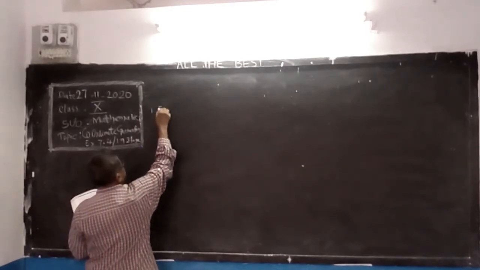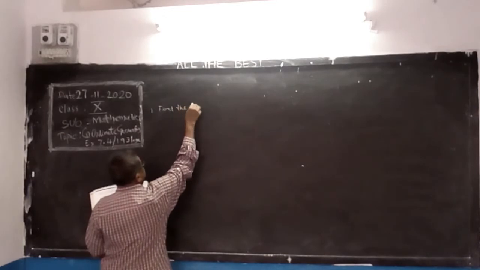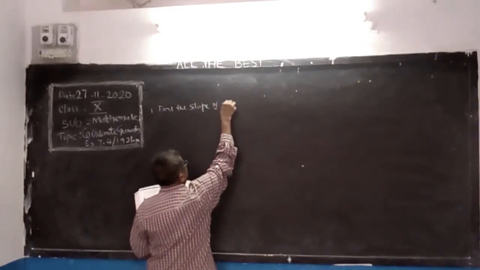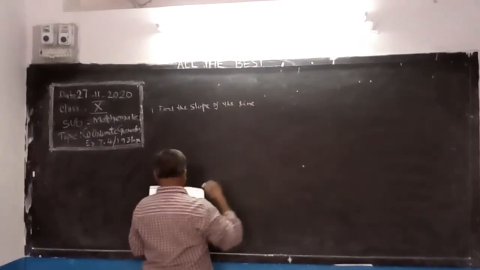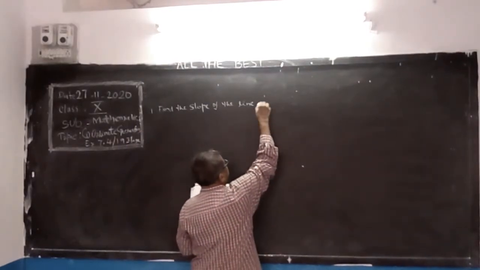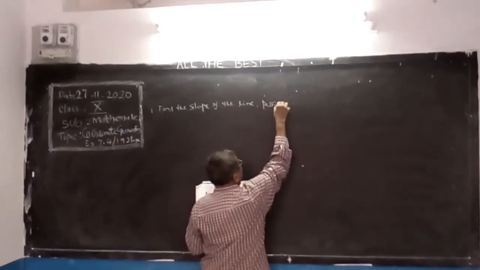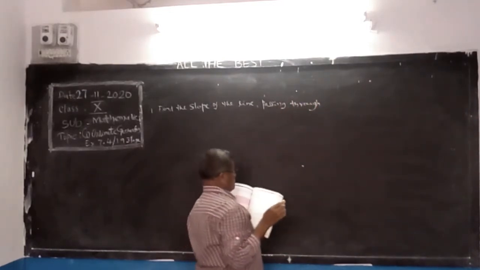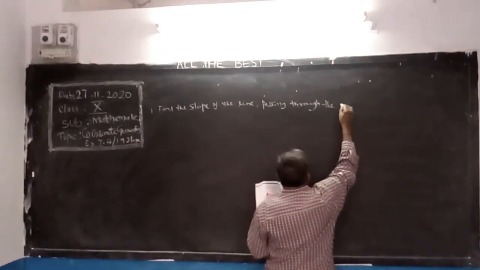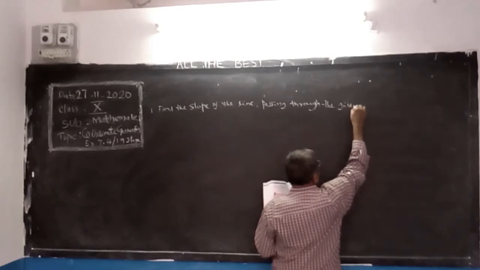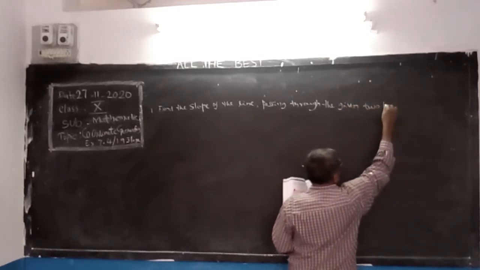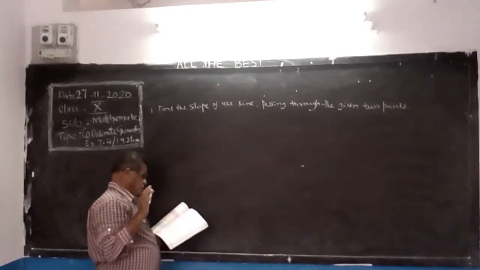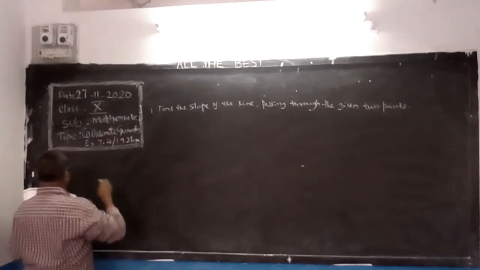Find the slope of the line passing through the given 2 points. There are eight questions given. We can do them one by one, all oral only.